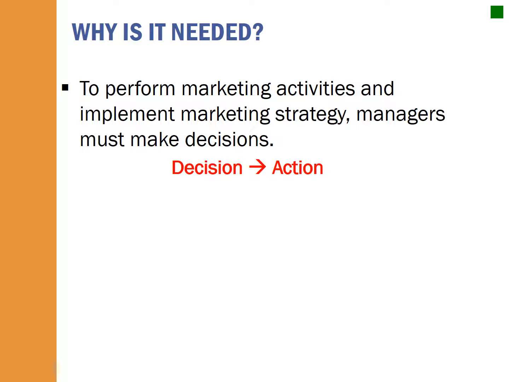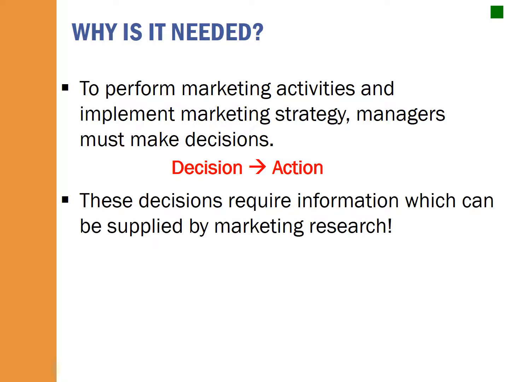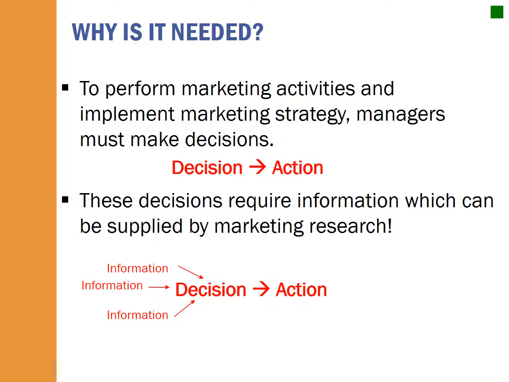So when we make a decision, it leads to some type of action. The challenge is we want to make a decision that leads to an action by using information. That information that we have available to us is typically given to us or acquired through the research process. So that's why we need to do research, and that's what marketing research really is all about.